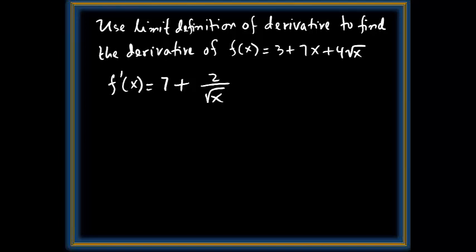Only this one tells me that my x must be greater than or equal to 0. But when I look at the derivative, I cannot have 0. So I'll just say greater than 0. So for the main function f of x, my domain is 0 to infinity, and for the derivative, it is 0 to infinity. 0 is not included, so open here. And for the main function, it is closed.